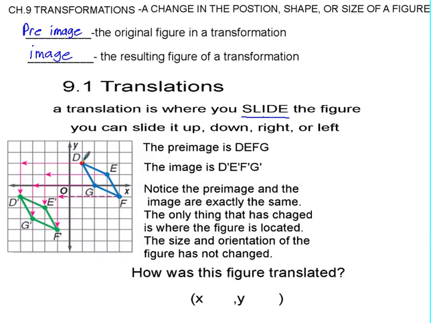So it went 1, 2, 3, 4, 5 spaces to the left, and it went down 1, 2, 3. That'll work for any point, and you can check multiple ones if you want. So now we're just going to write a generic coordinate point for this whole transformation. So x went to the left 5, so that'd be minus 5, and y went down 3, so that's minus 3.